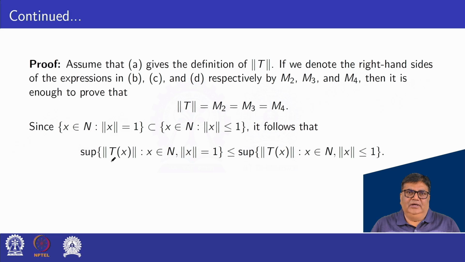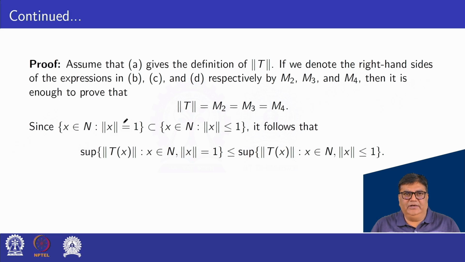It follows that supremum of norm Tx such that x belonging to N, norm x is equal to 1 is less than or equal to supremum of norm Tx such that x belonging to N, norm x less than or equal to 1.